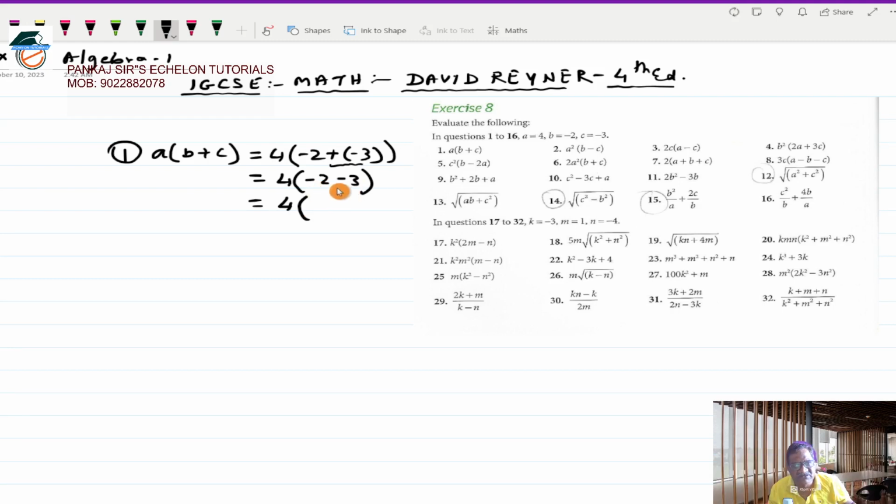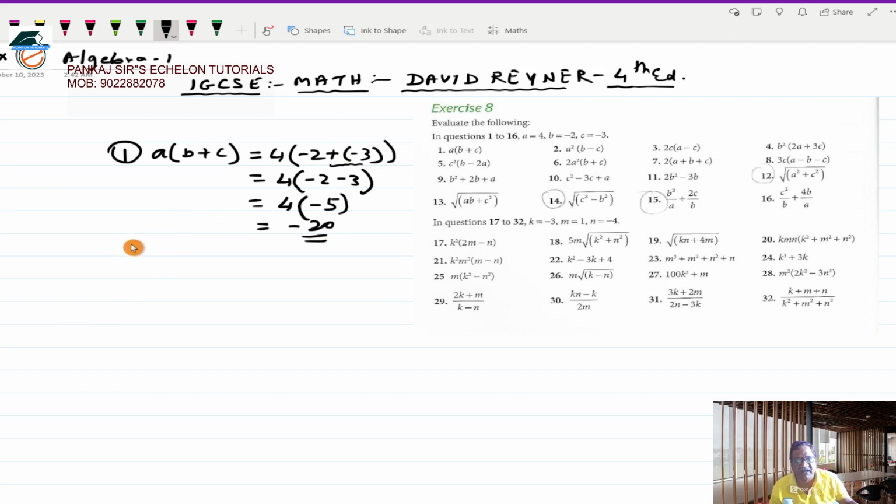Minus 2 minus 3 will work out to, because they both have the same sign, I'll put the same sign and I'll just add the two numbers 2 and 3, 5. So minus 5. And the last step will be removing this bracket. Now 4 into minus 5 will be minus 20. So the answer has to be minus 20 for the eighth question, first one. And that's absolutely correct. Okay.